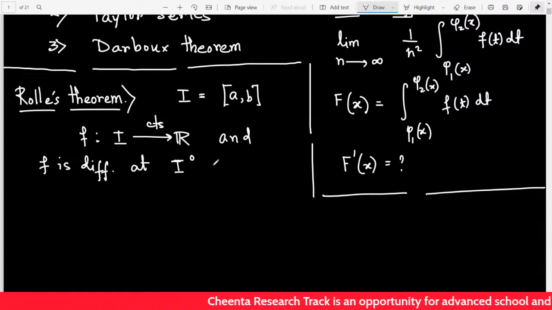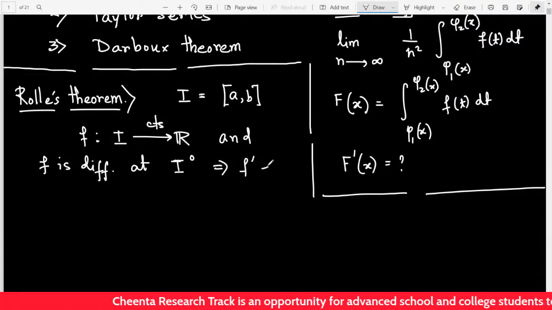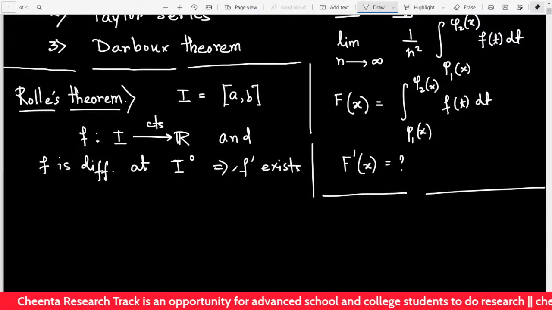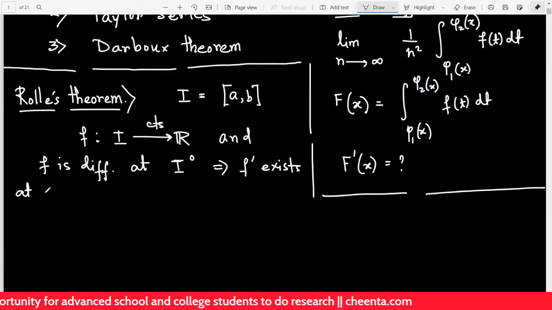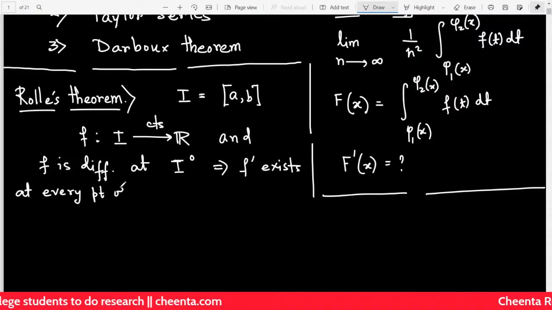This implies that f prime exists at every point of (a, b).